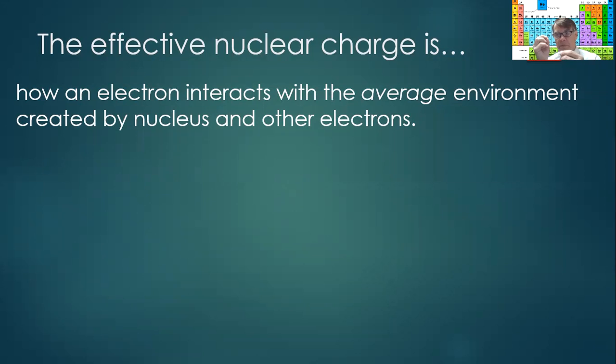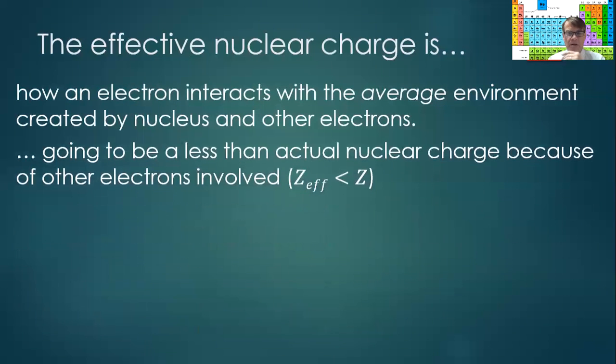We add up the nucleus, the protons, we subtract the electrons, whatever the average, by the time the force gets to Mr. Electron out here, how did it end up? How much of it got through the defensive field of the electrons in between me and the nucleus? How much of it got through? What is the average environment that was created by the nucleus and other electrons?